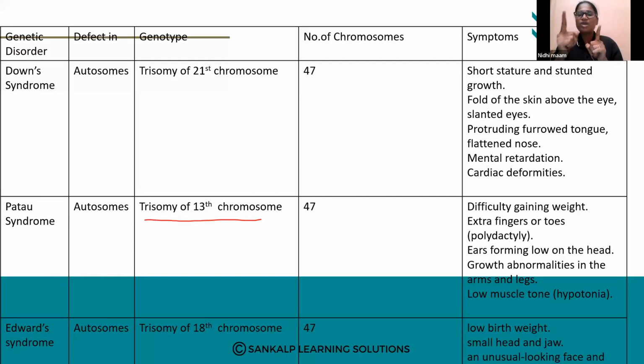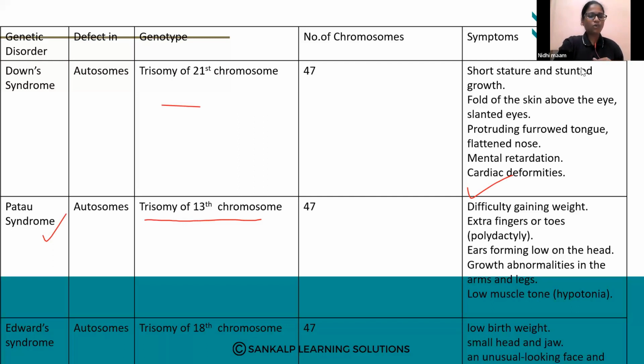Due to that we will get a syndrome named Patau syndrome. These are the symptoms of it: difficulty in gaining weight, extra fingers or toes, ears forming low on the head, growth abnormalities, low muscle tone, and the voice is very small.